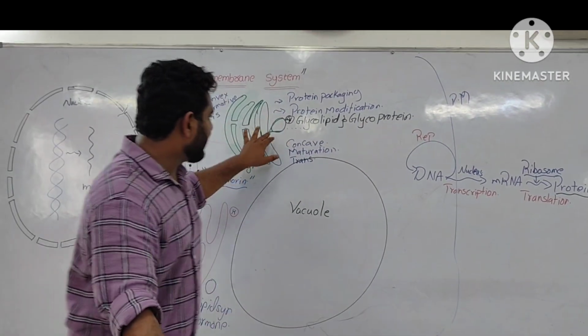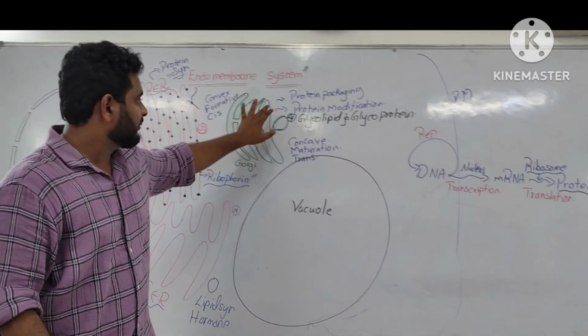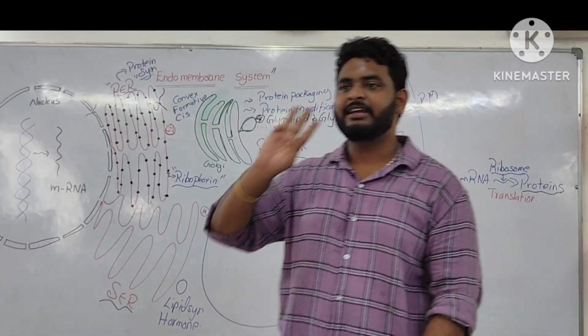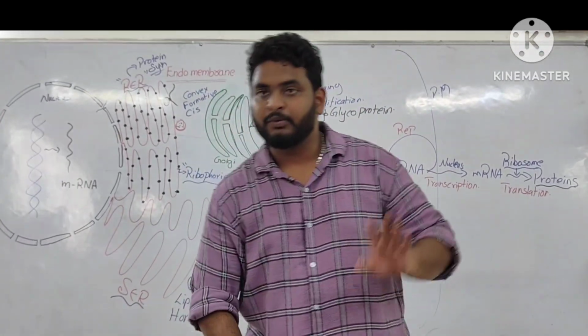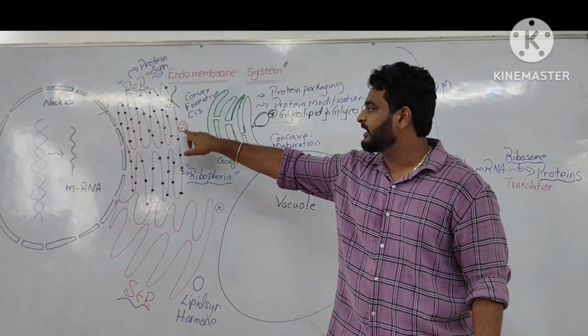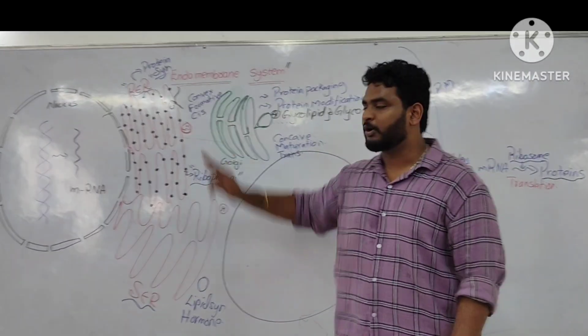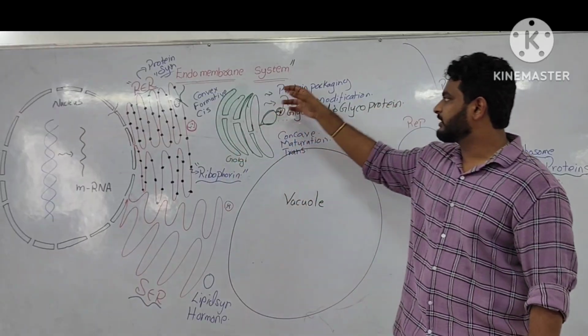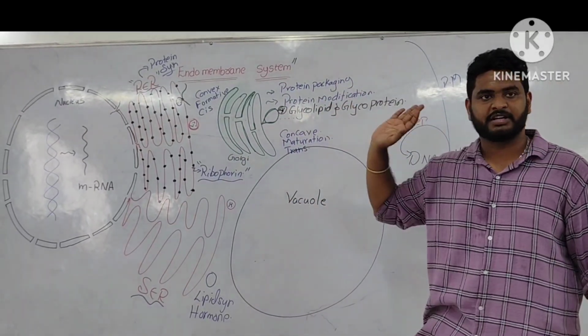Now, you can find a vesicle coming out right here. This vesicle has three fates. Let's assume I am considering this particular vesicle which is having proteins inside it. It has entered into the Golgi body, and inside the Golgi body it has undergone some protein packaging and some protein modifications.